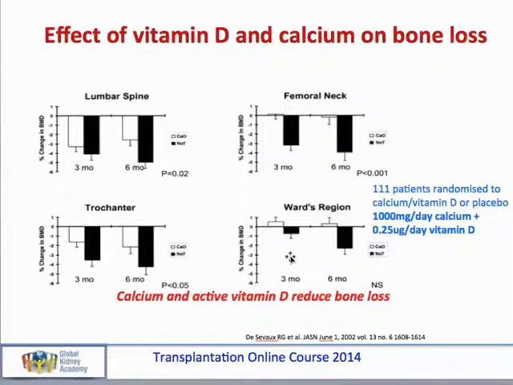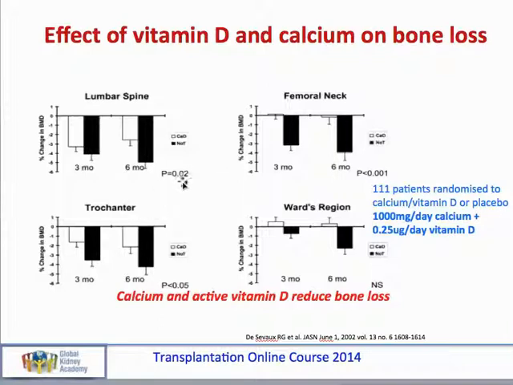And what you can see is that in the vitamin D and calcium group, in the pale bars here, there's significantly less change in bone mineral density at the lumbar spine, a big difference at the femoral neck, again a difference at the trochanter, and a non-significant difference at the Ward's region.